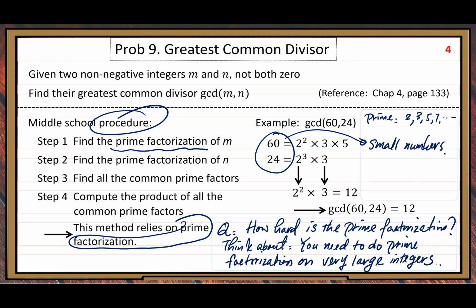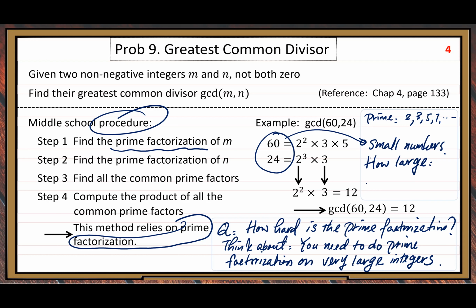People may need to do prime factorization on huge integers. How large? When I talk about very large integers, think about how large, because you need to have some idea on how large these integers are.